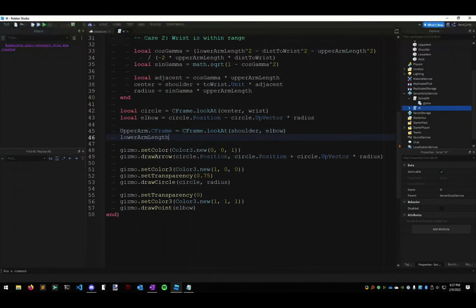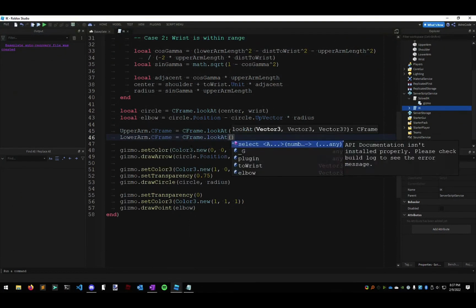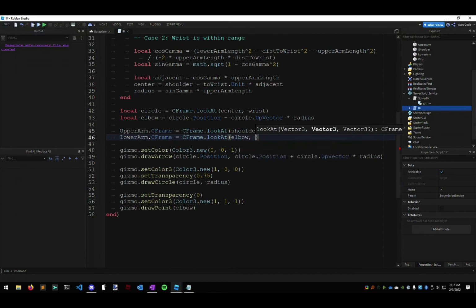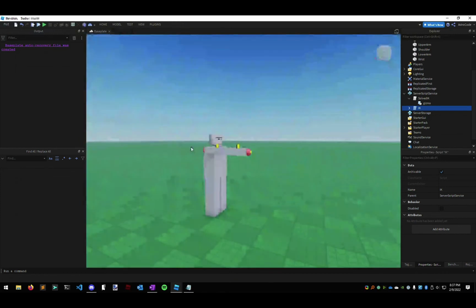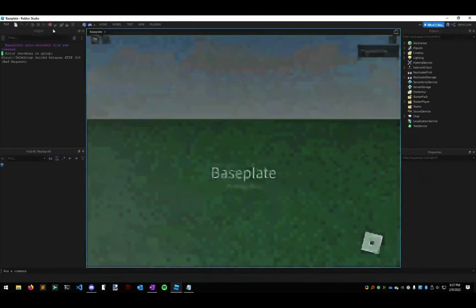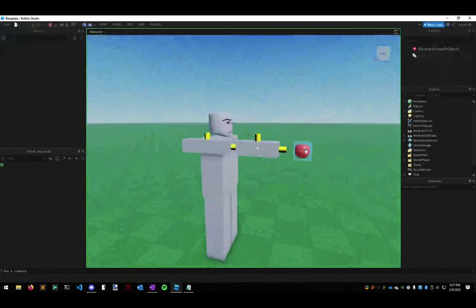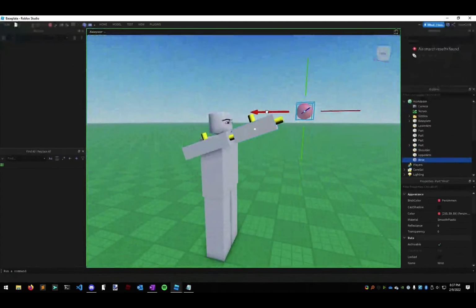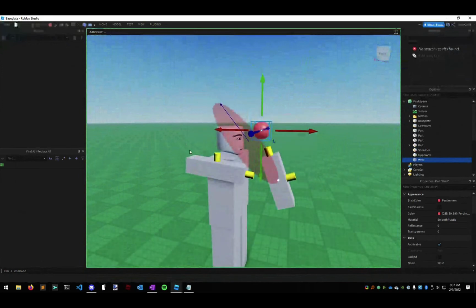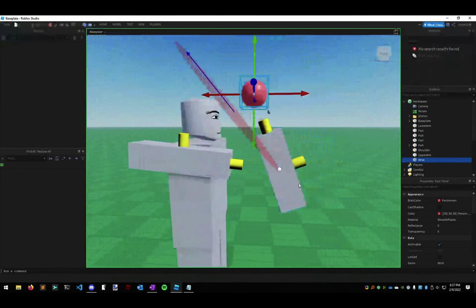And then for the lower arm, we want to look from the elbow to the wrist. Okay, so we're almost there. What we have to do is shift this arm forward by half of its size, and shift this arm forward by half of its size.